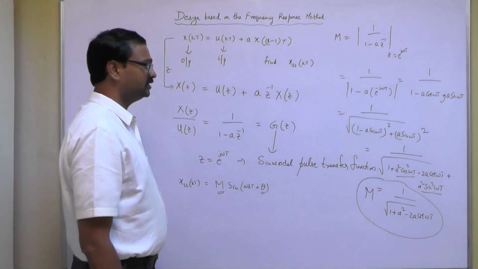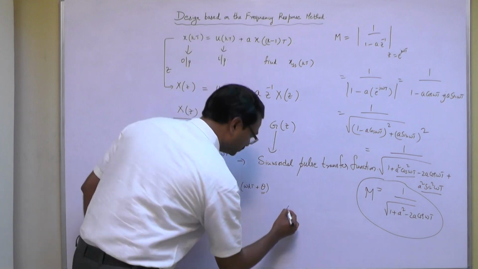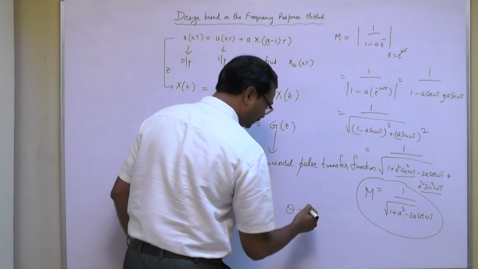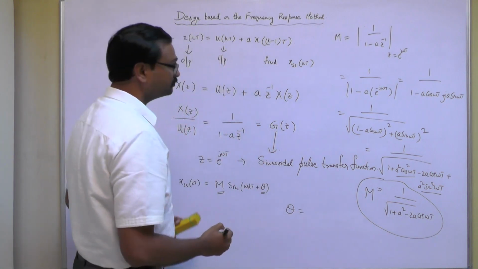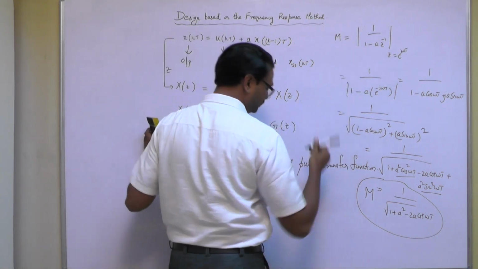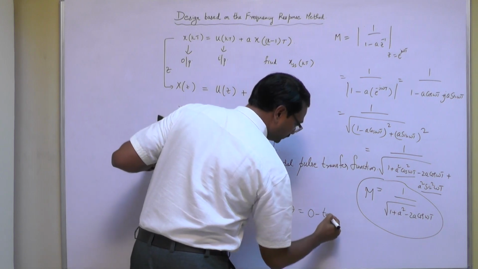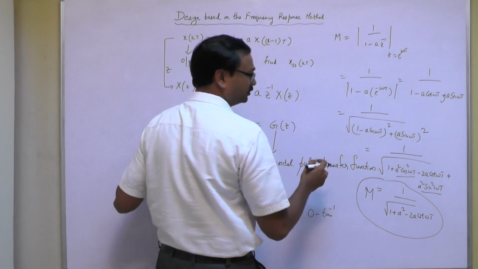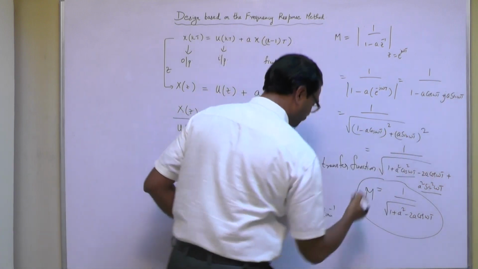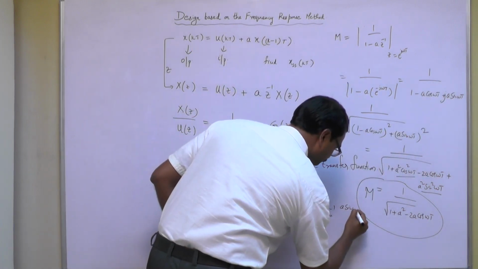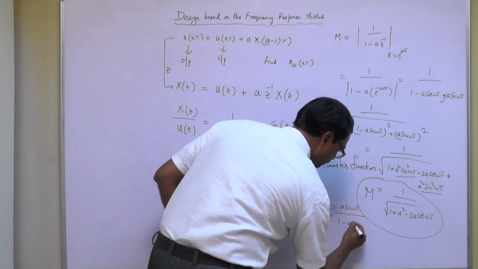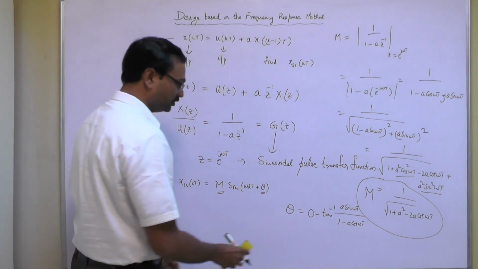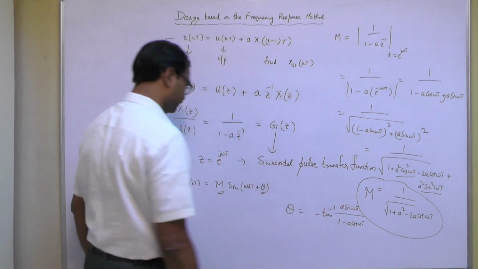And what is the value of theta that we will have? Theta is nothing but the angle of the numerator minus the angle of the denominator. The numerator is 1, so the angle is 0 minus tan inverse of a sin omega t by 1 minus a cos omega t. Therefore, theta is nothing but minus tan inverse.